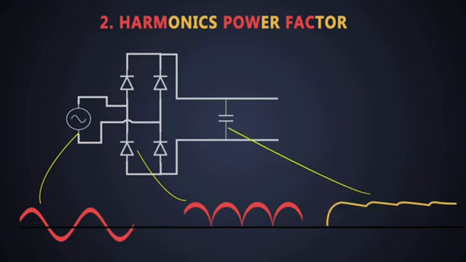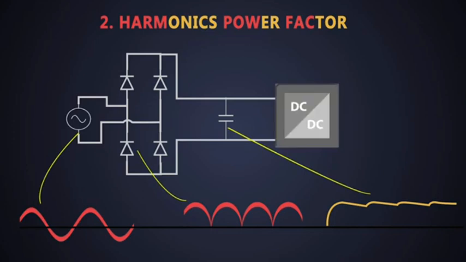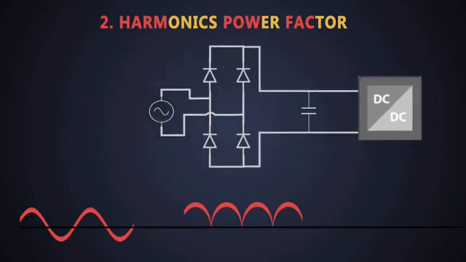This big capacitor gives the DC voltage to the DC to DC converter, and this DC to DC converter steps up or down this voltage according to the output requirement.